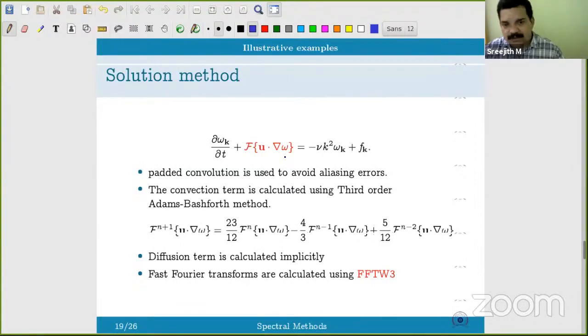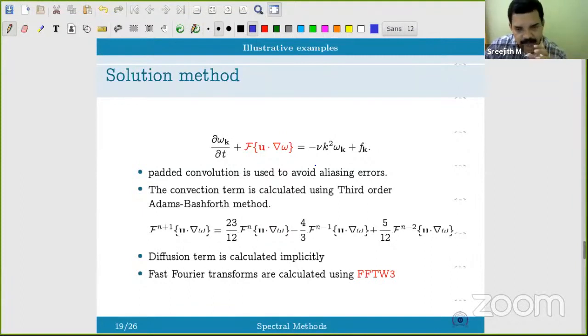The drawback of this method is that we are solving the time stepping equation in the Fourier space. If you want to find the intermediate results, you have to transform back into the physical space. That means you have to take the inverse Fourier transform, which will increase the computational cost.